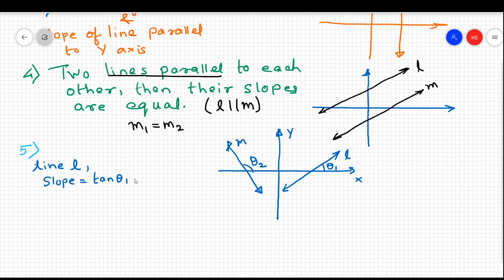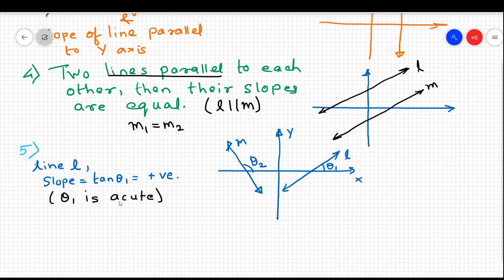Here we can use that formula because we know only the angle, we don't know the coordinates. So if we know the angle, I can find the slope like this, tan theta 1. It will be positive here. Why? Because theta 1 is an acute angle, less than 90.